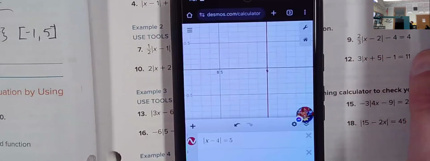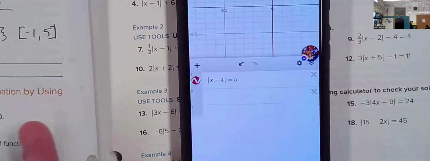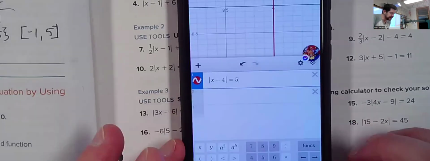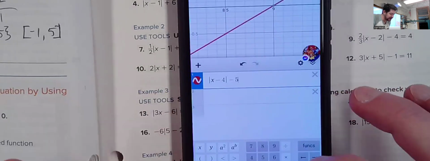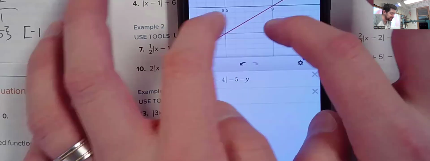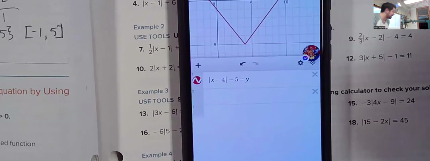Now, if it says to solve it by graphing, it does want you to go ahead and actually write the equivalent equation. So you'd have to subtract 5 from both sides. So you'd end up with the absolute value of x minus 4, then minus 5 equals y. And then you can zoom out, and you can take a look at the absolute value graph. It'll look like that.